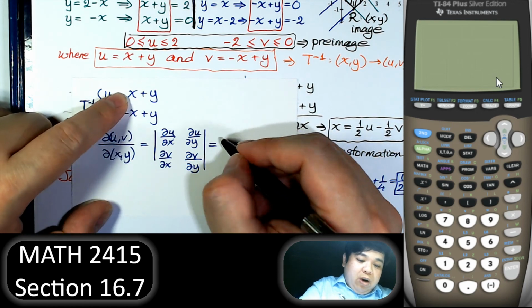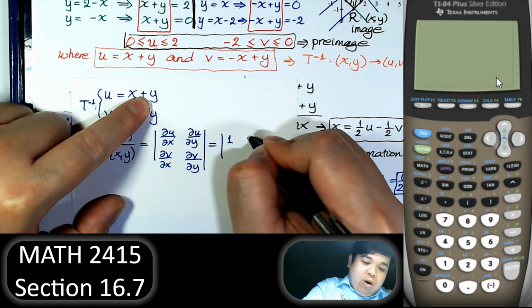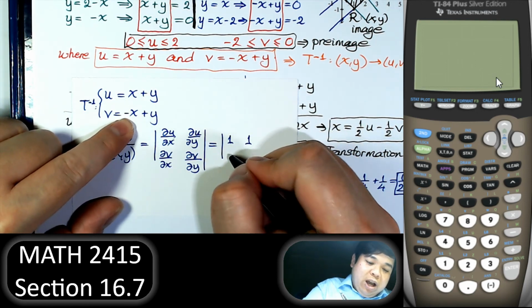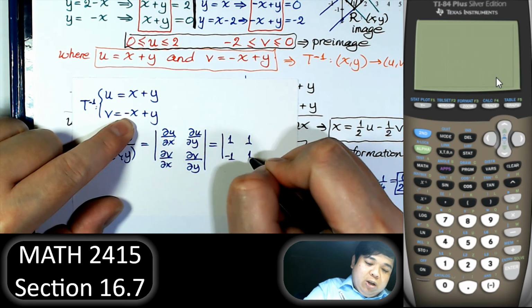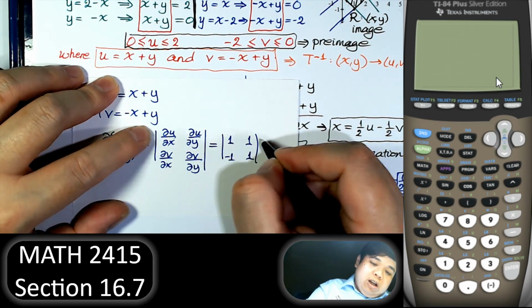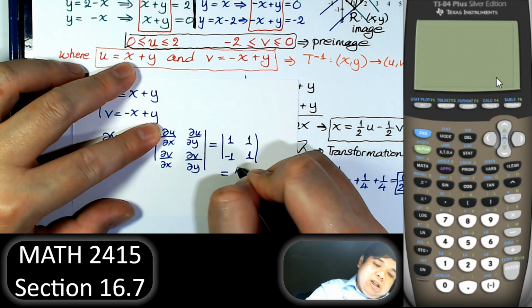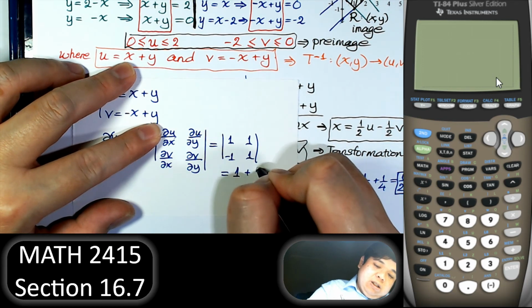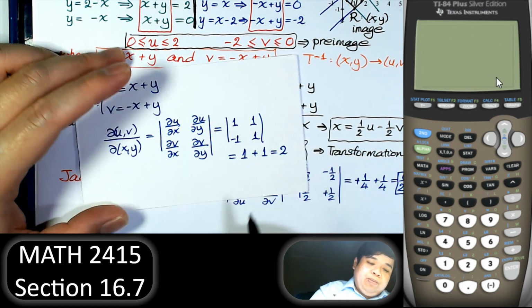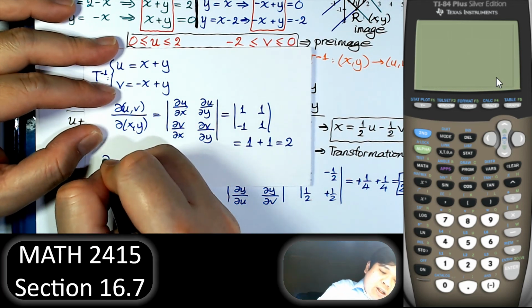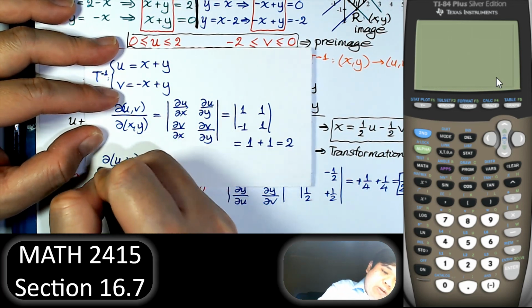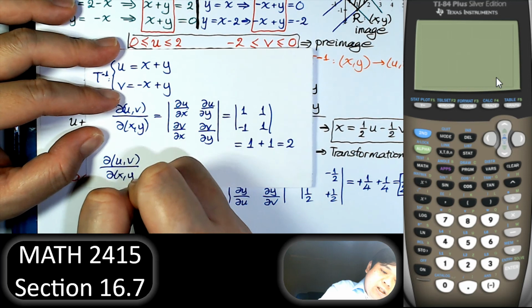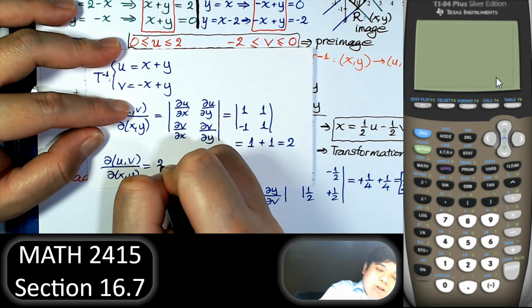Derivative of u with respect to x is 1, with respect to y is 1, v with respect to x is negative 1, with respect to y is 1. Right, cross multiply and subtract. So it's 2.